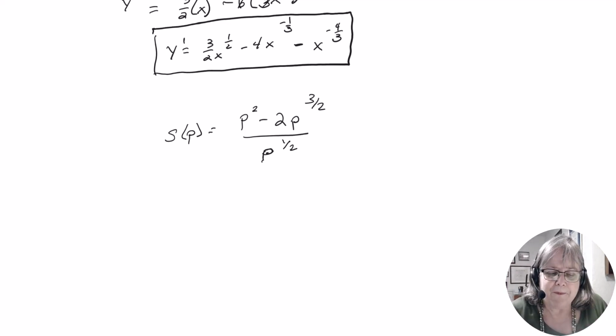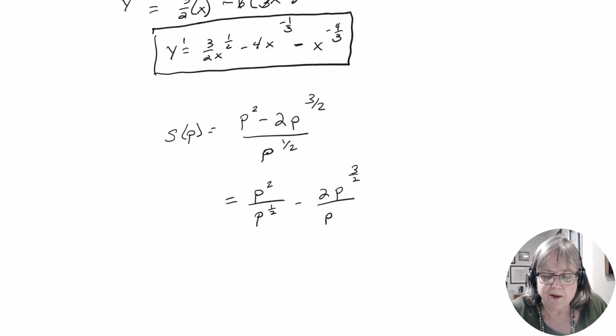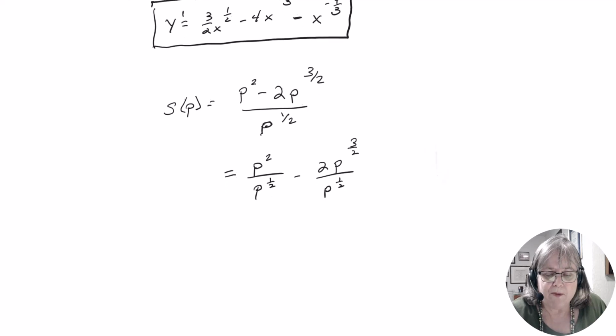And you go, since this is a monomial in the bottom of the fraction, I can write this as p squared over p to the 1/2 minus 2p to the 3/2 over p to the 1/2. So I can separate it by repeating this denominator, but that only works when you have a monomial.